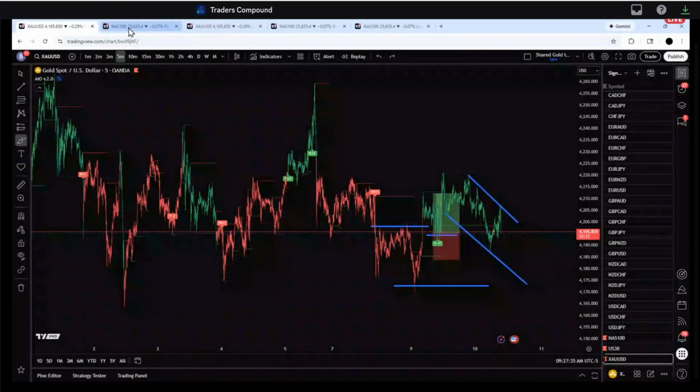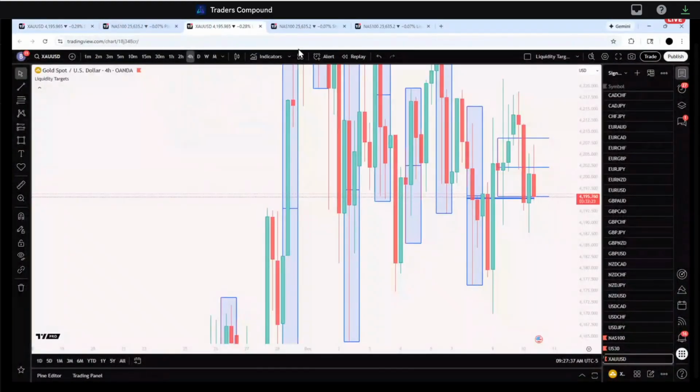So it's currently dipping back down though to the support that I was trading off of, and on the liquidity targets, we're looking for longs because the last closed candle, which is important, was a bullish candle coming off of that custom line right there. So that is what's going on in the land of gold.